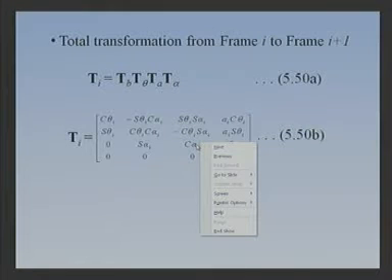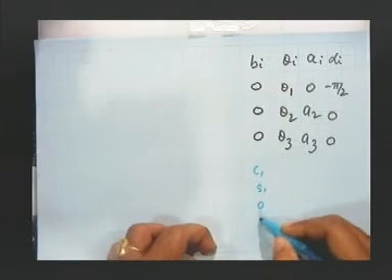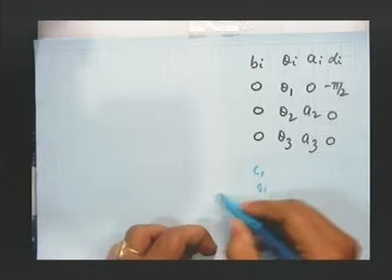Let me write it down parallelly what I am telling you. So, cos theta 1, sin theta 1, 0, 0. So, this is my T1.